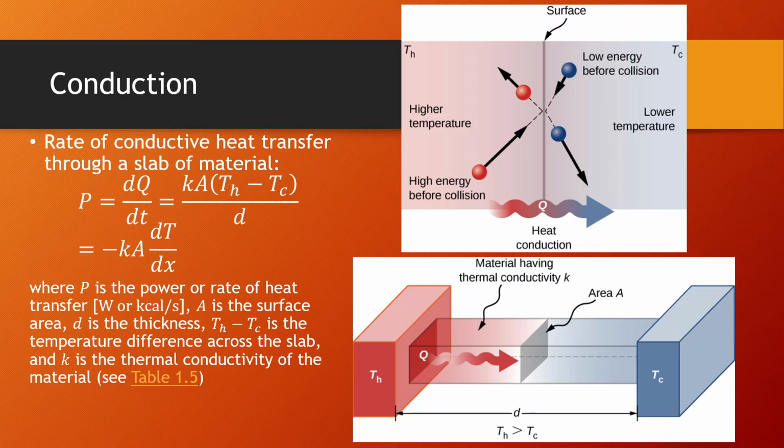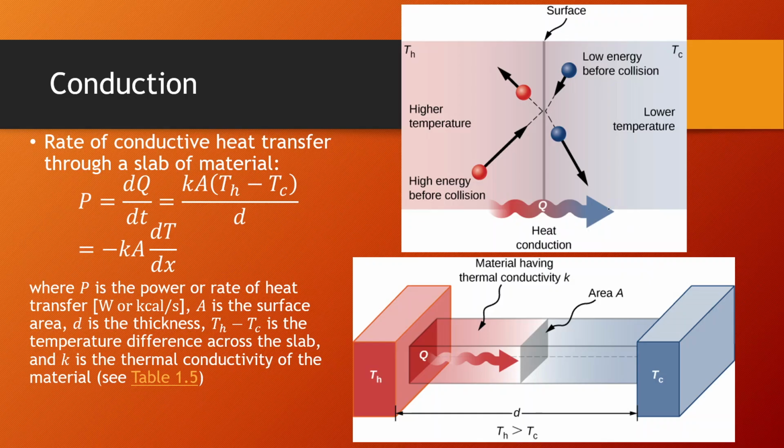And K is the thermal conductivity of the material, which is, again, listed in a table in the textbook, table 1.5. So we have two figures to look at here. For conduction, we have a transfer of energy from hot to cold. So we have heat conduction.